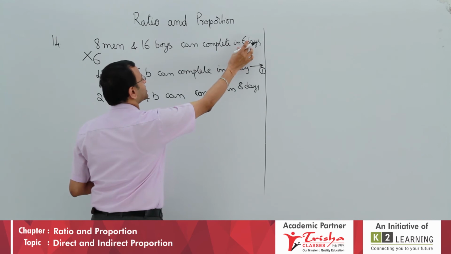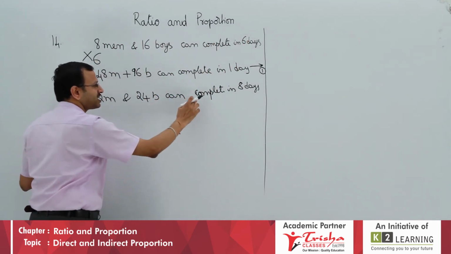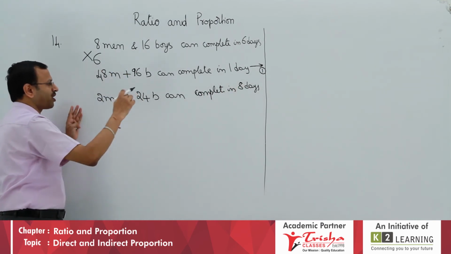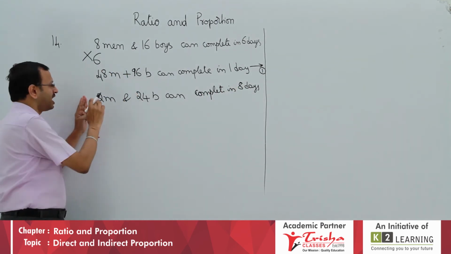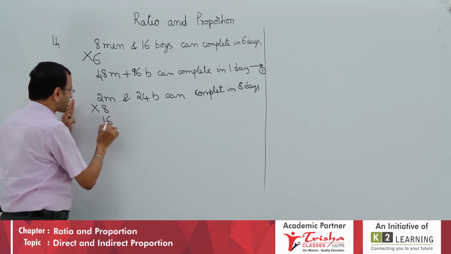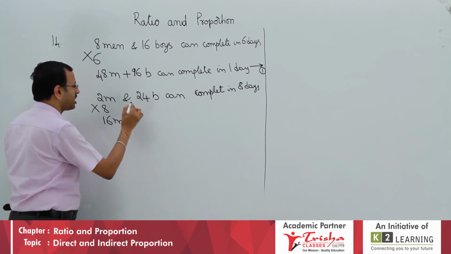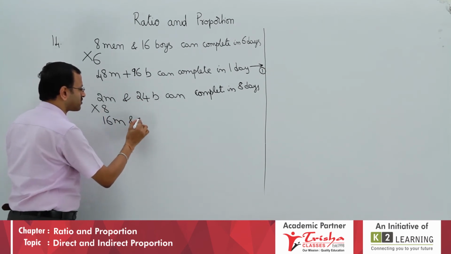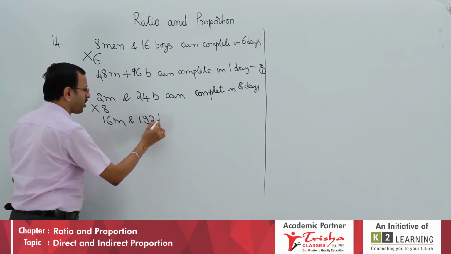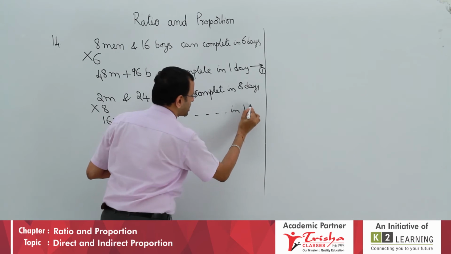Just like here in 6 days, I employed 6 times to finish in 1 day, in 8 days I have to multiply by 8. 2 8s are 16 men, 24 8s are 192 boys can complete in 1 day.